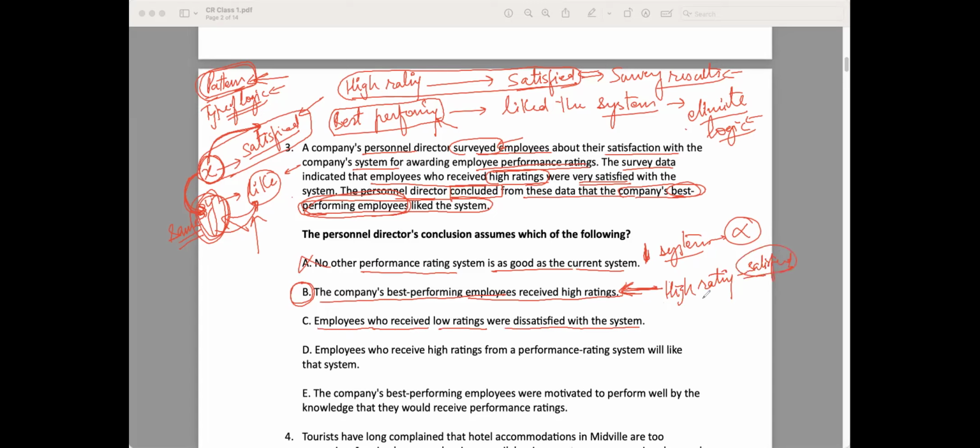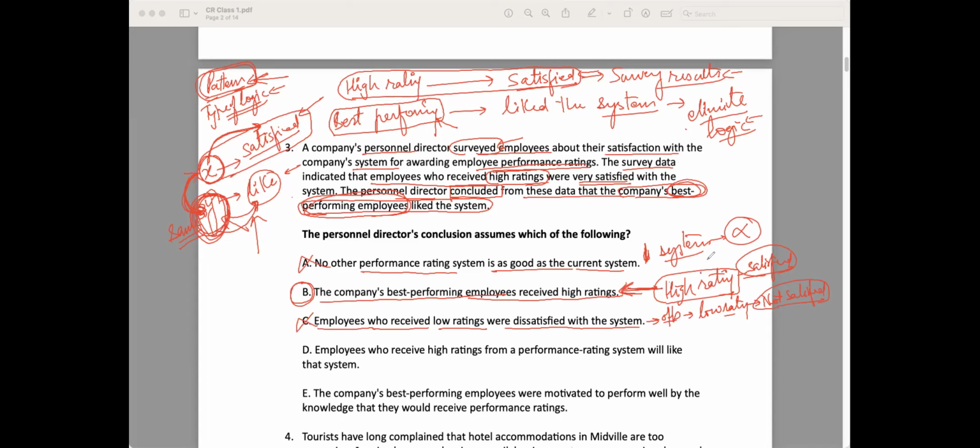Now, this option talks about the remaining category, the opposite category, which is people with low ratings are not satisfied with the system. But the final conclusion is about a different category of people who are best performing. Still, this connection is not there in this option.